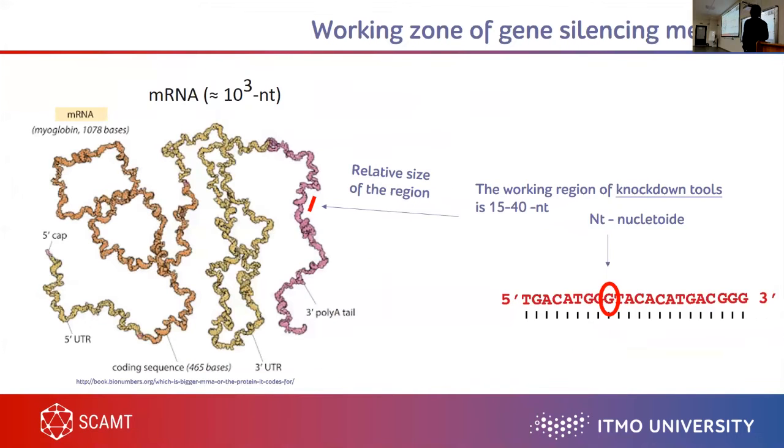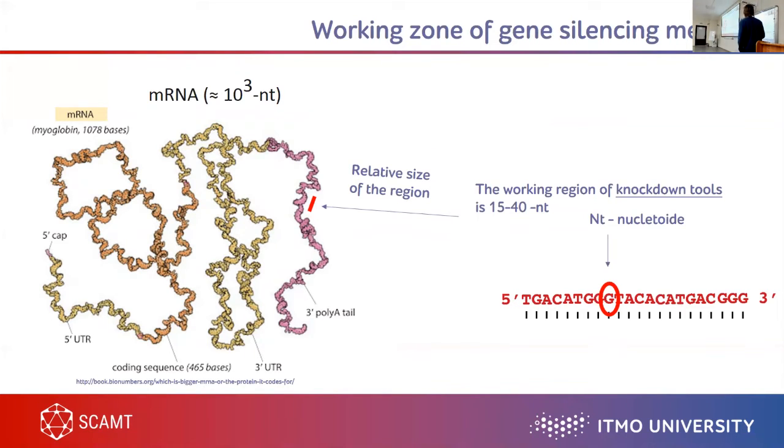If we affect mRNA, we know that mRNA is single-stranded. It will be measured not in base pairs, but in nucleotides. mRNA has a size of about 10^3 nucleotides, and the working region of knockdown tools will be about 14 to 15 nucleotides.